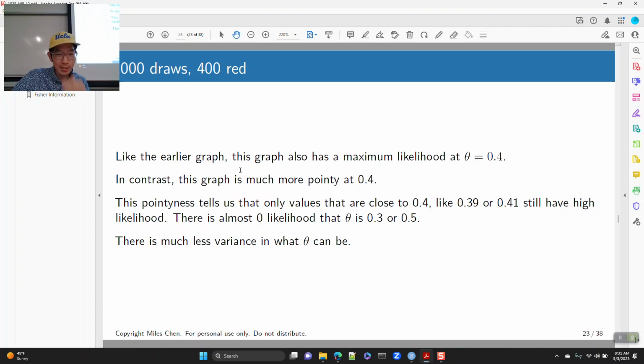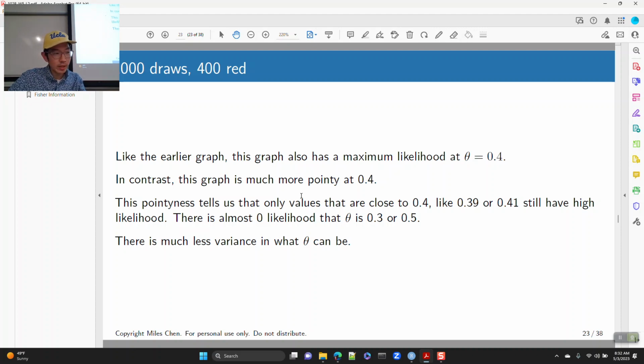Okay. So I just said this pointiness, right? The graph is much more pointy. I don't know what a better term for this is, okay? But the fact that it's very pointy tells us that only values that are close to 0.4, like 0.39 or 0.41, have high likelihoods. And we have much less variance in what theta could be, also indicating that we have much more confidence in our estimate based on the amount of data we have.